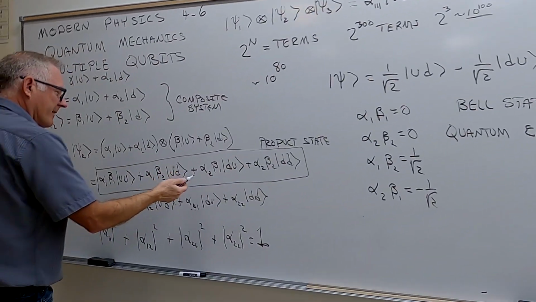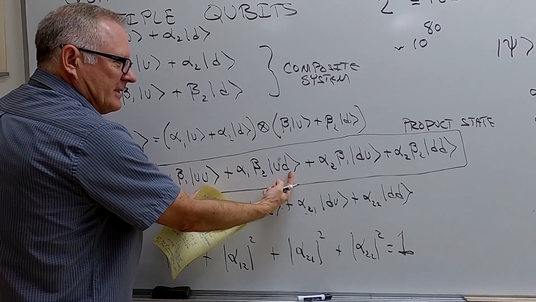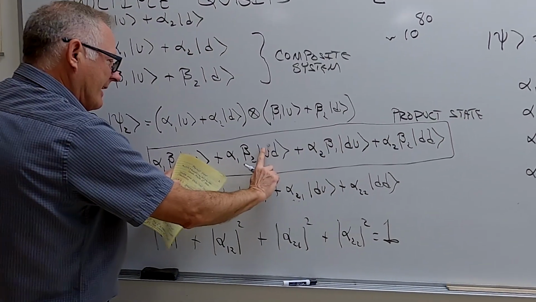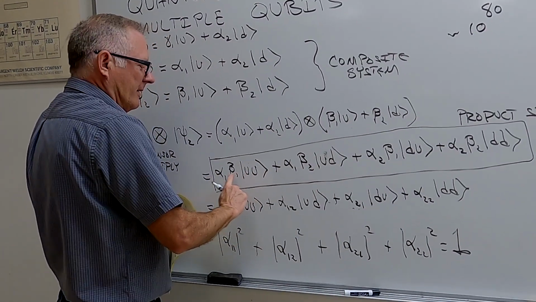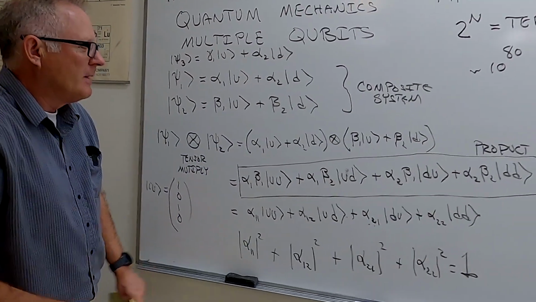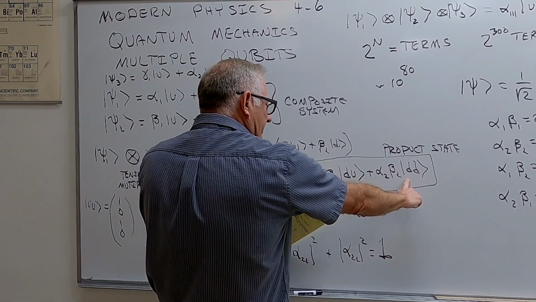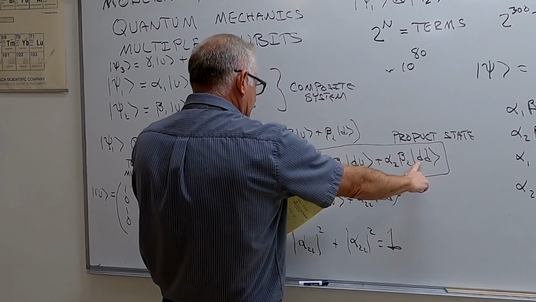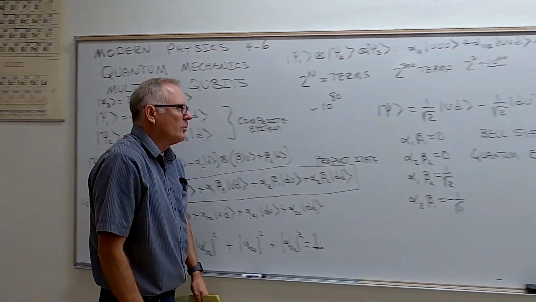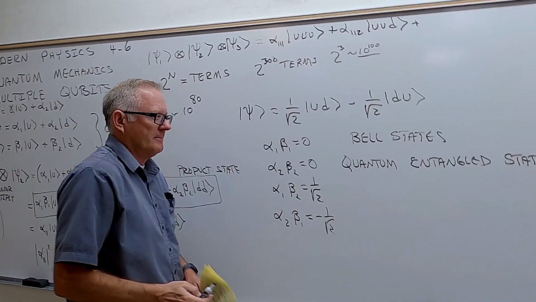You notice over here, if you measured the first one up, then you would be left with these two states, because these two downs would have been gone, and you'd just be left with some constant up plus some constant down for the second one. If you measured the second one and it was a down, then you'd just be left with that term, and you get rid of the downs, and you're just left with those two terms. So this says whenever you measure the one, the other one is always the opposite.